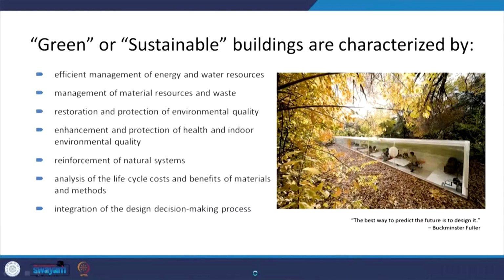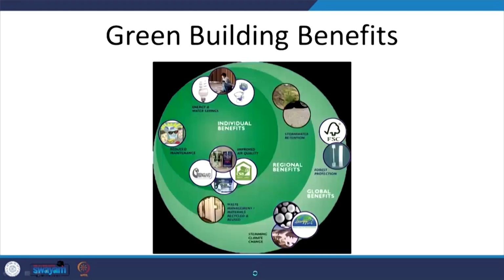We look at restoration and protection of environmental quality and the health and indoor environment quality. We look at reinforcement of natural systems, and we are always looking at the life cycle of the building, not just a part or phase of the life of the building, and we are looking at integration of the design decision making process.